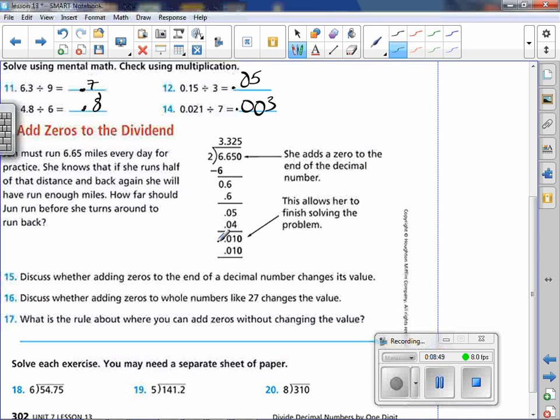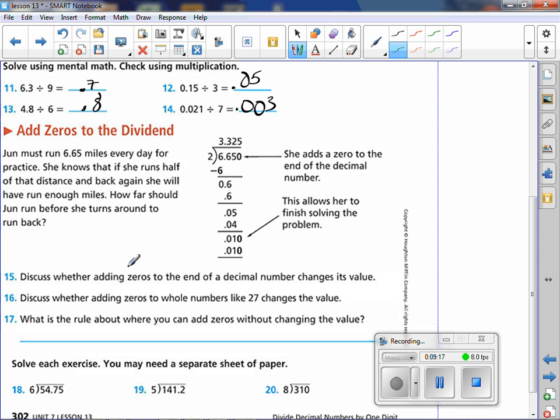Let's look at this. I can't read that name. June must run 6 and 6/500 miles per day for practice, and she knows if she runs half the distance and back again, she'll have run enough miles. So how far should she run? She divides it by 2. She adds the extra zeros just to bring it on out. This is like when you find what your percentage correct is on a problem.